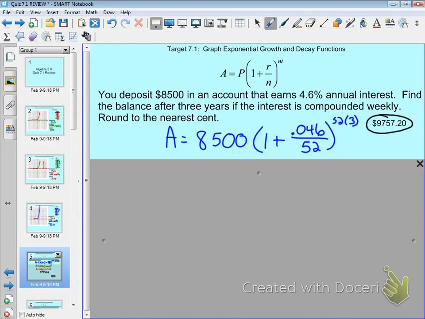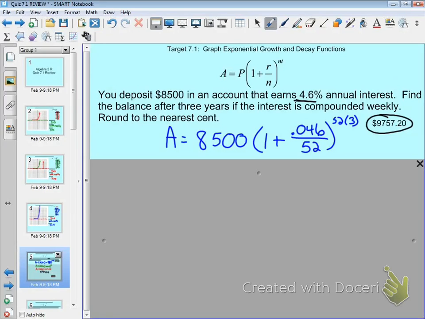If you did not get this, around 97.57 as your answer, this is how I got that. So we start off plugging everything into our formula, knowing that there's 52 weeks in a year, so that is our n. Plug everything in, making sure again we write our percent as our decimal, so it's 0.046 and not 4.6.